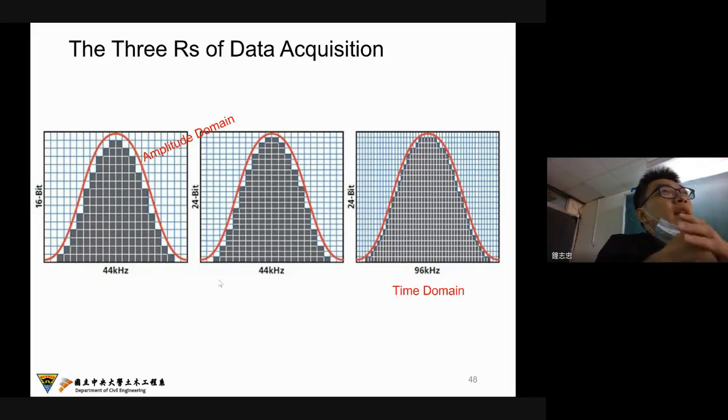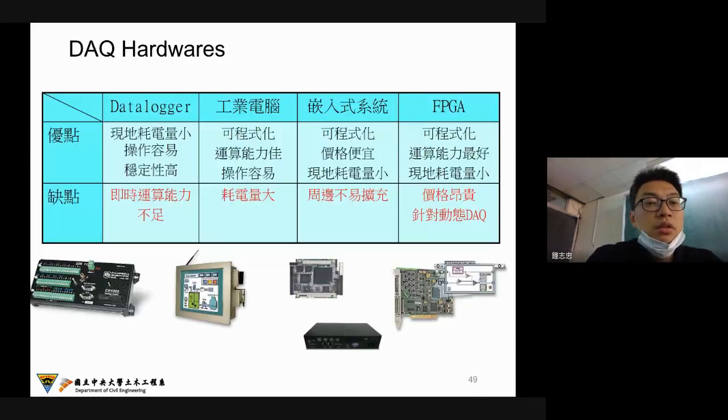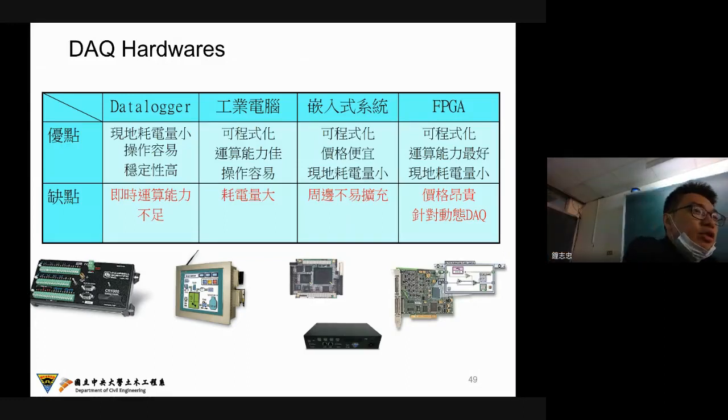How can you buy that? What is the spec you try to find and you need to know? So here I am just showing some different kinds of DAQ, from the data logger. Today we are showing the data logger.